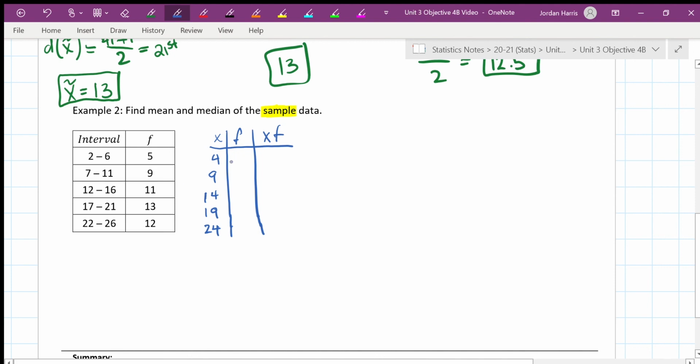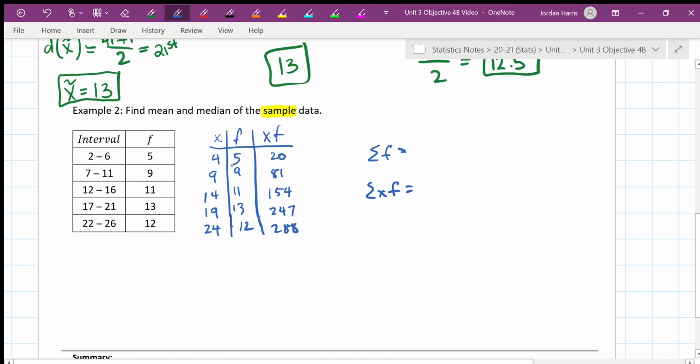The frequencies are the ones that relate, so 5, 9, 11, 13, and 12. Those don't change. Then we just multiply. So I get 20, 81, 154, 247, 288. Use a calculator. Sum of f, sum of xf. We don't have the x squared f, so I'm not going to find that sum.